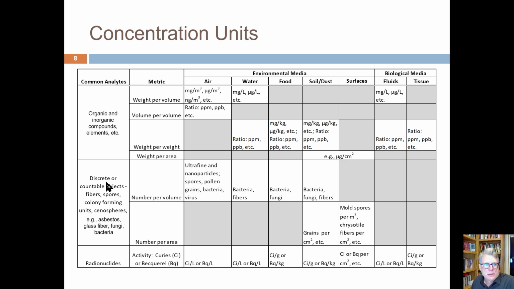And then for these discrete or countable objects, the units are more like the number of countable items per volume of air or per volume of water, and sometimes it's per area. And then radionuclides have their own language of units that have to do with radioactivity. That's what the curie is and the becquerel. And I'll leave that for later in the semester.